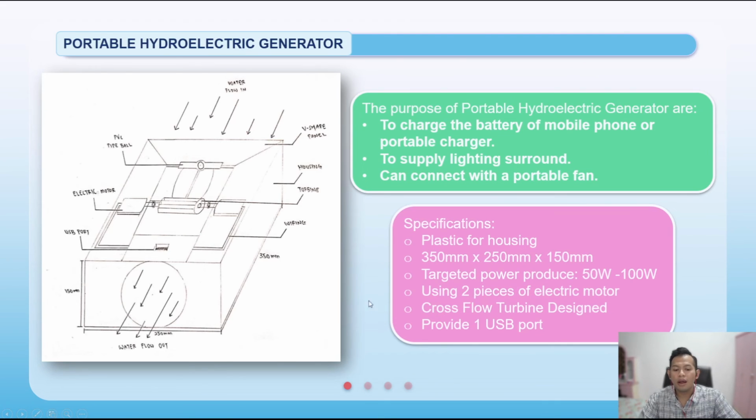The reason why I propose using two electric motors is to produce more power in this device. Why I choose the cross-flow turbine design for my turbine is because this design is more efficient when rotating. And lastly, I will provide one USB port, as I mentioned before, in this device.